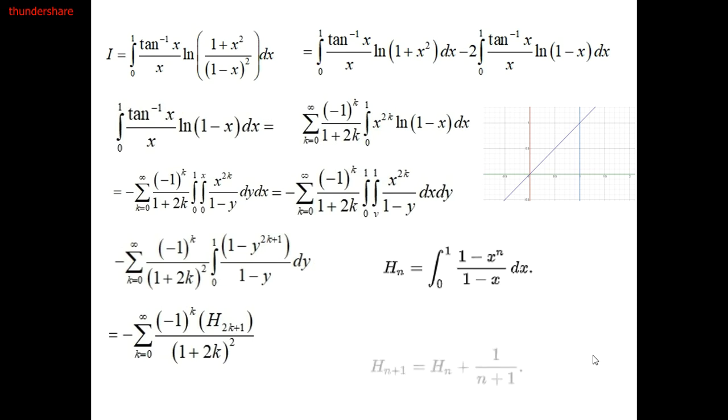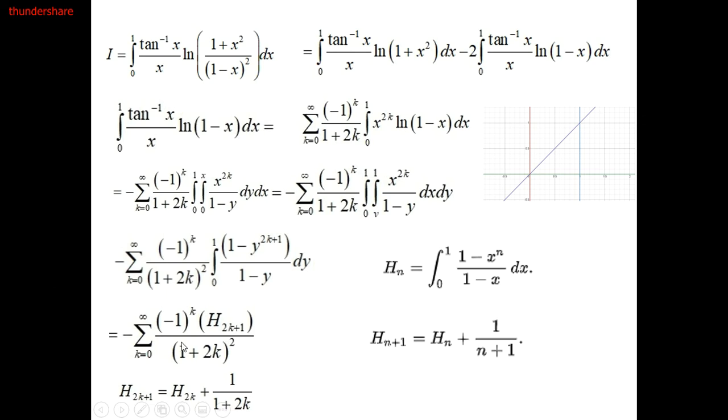Also, from the properties of the harmonic numbers, H_(n+1) equals H_n plus 1 divided by n+1, and we will just substitute in our formula. So H_(2k+1) equals H_(2k) plus 1 divided by 1+2k. Back to the same series that we have here, we just substitute.